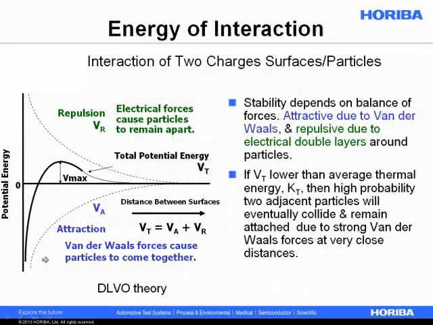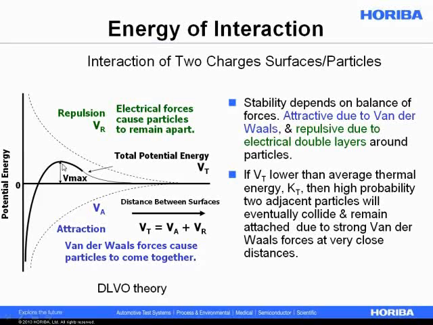So we can actually model this interaction as a function of distance. This is potential energy versus distance between the particles, and we can use DLVO theory to model this. Up here we have the repulsive forces, which come from the electrostatic forces on the surface. We have the attractive forces, which are van der Waals. And what we want to do is look at the total energy, the summation of the attractive and the repulsive, and look at what the chances are of overcoming this barrier.